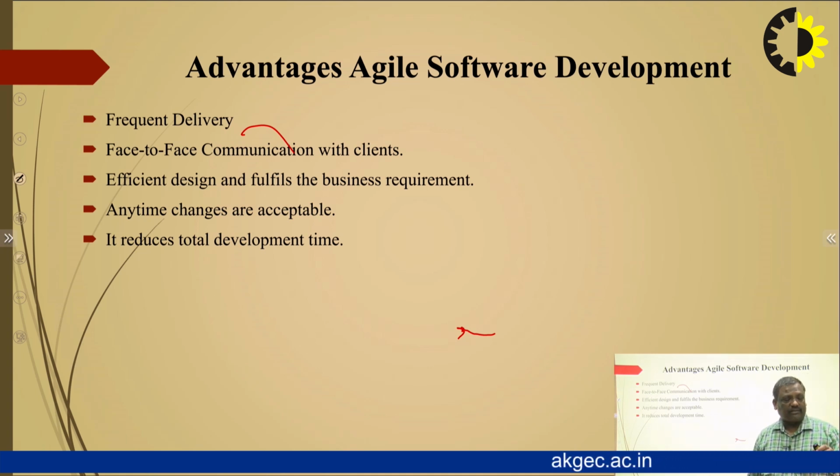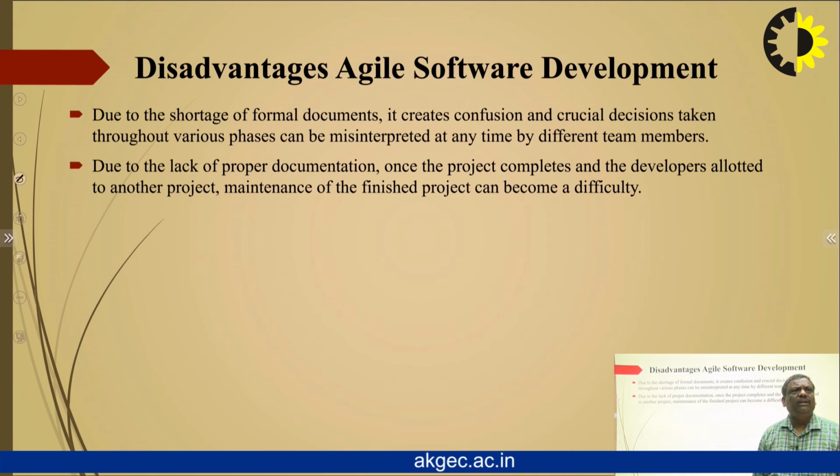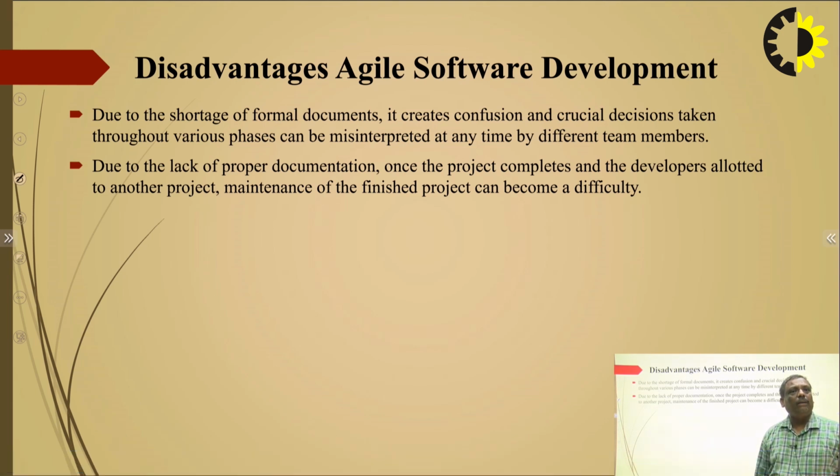And disadvantages. We earlier discussed that there is less documentation. We focus on the problem-solving approach more. So with less documentation, there may be a problem in terms of documentation.